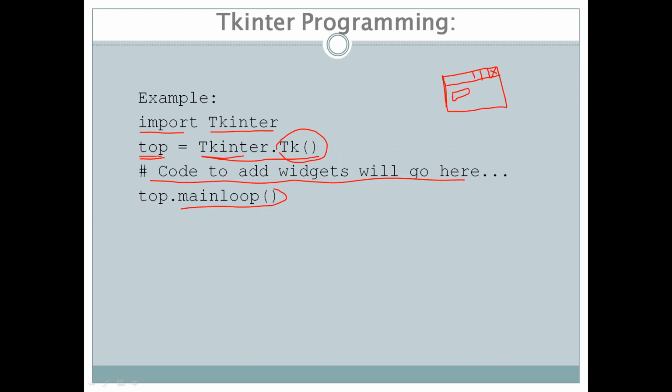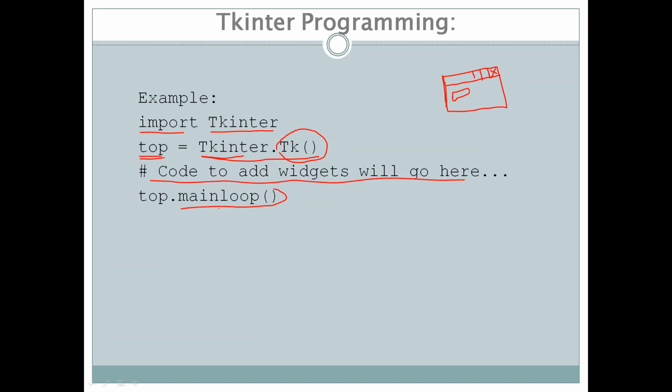Top, again, is a reference to the top level window. mainloop will enter an infinite loop which takes care of the GUI and the events generated by the user. So this is the simple way to create a GUI application in Python by using the tkinter library.